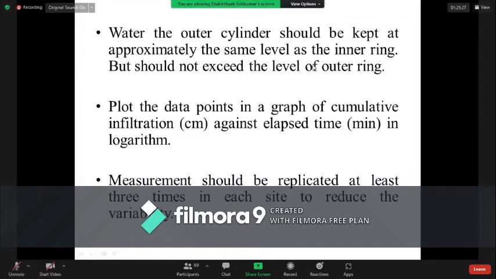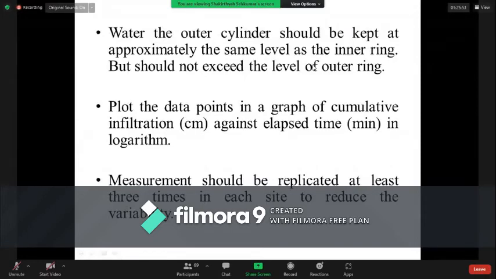After that, fill the outer cylinder first and quickly fill the inner cylinder. Then take out the plastic sheet from the bottom of the inner cylinder. Then by using a stopwatch, note down the drop of water level. That is the infiltration.